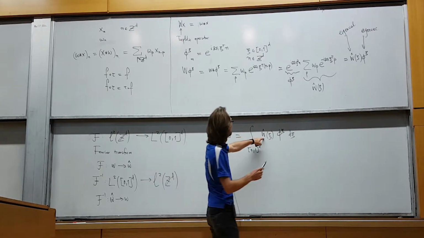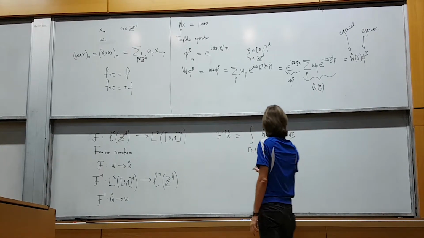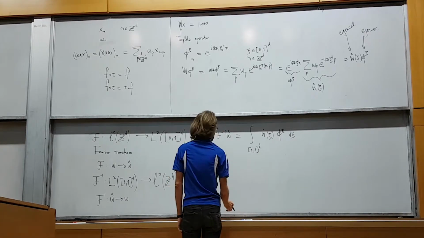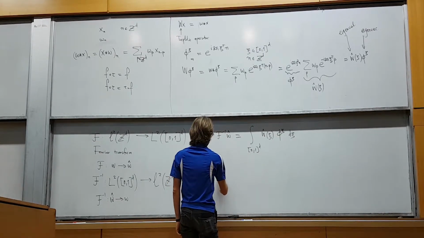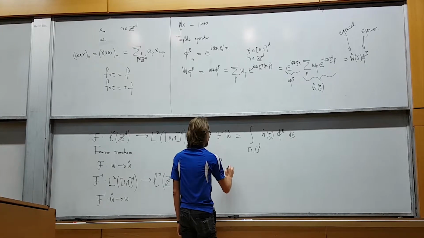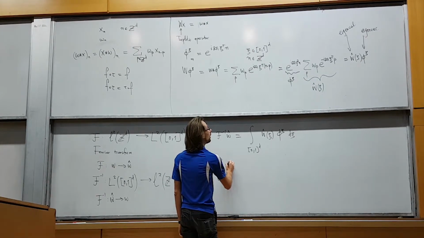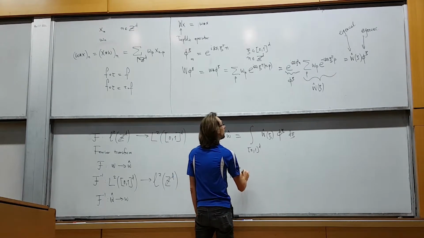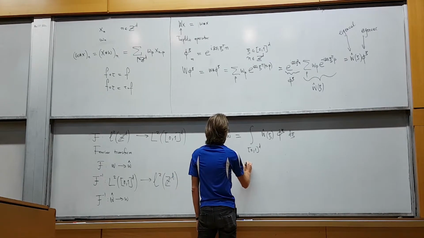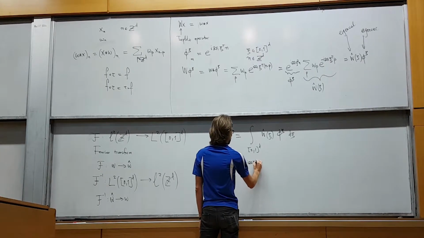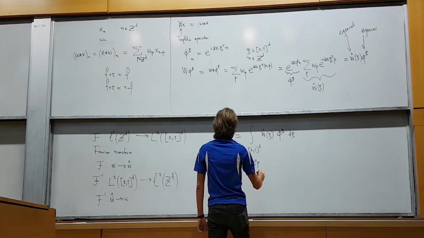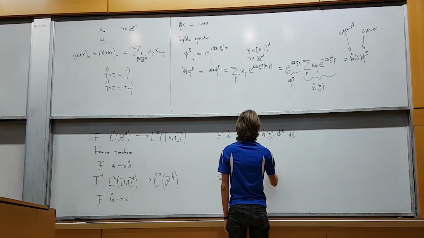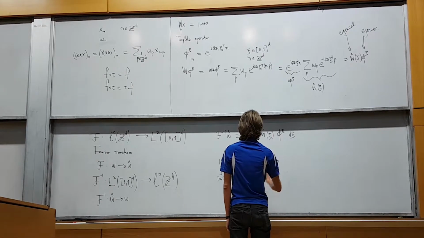So let's substitute W hat defined this way. Okay? Let me write it here. It's the integral over [0,1]^d of the sum of w_p e to the power minus i 2π ψ transpose p, times e to the power i 2π ψ transpose n.